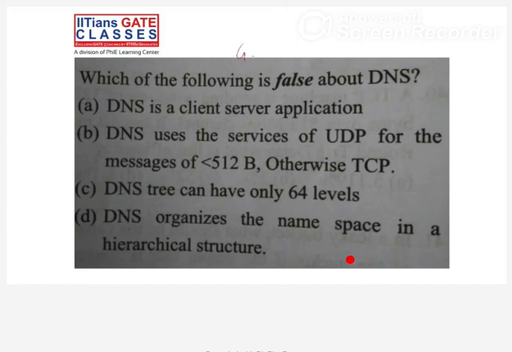Right. The answer is 1.1. You know the formula, right?